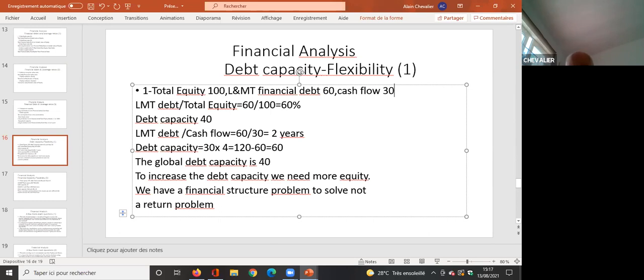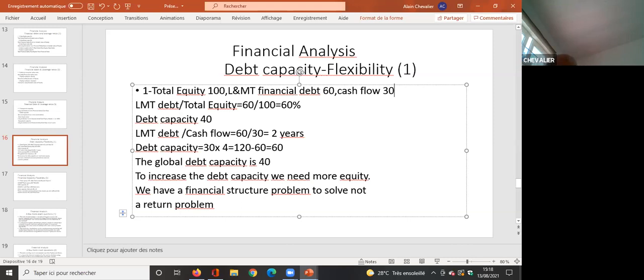It's not coming from the cash situation or the capacity to produce cash necessary to pay back. That means we have a problem, which is the financial structure problem. We don't have here a return problem, a performance problem, a cash production problem.